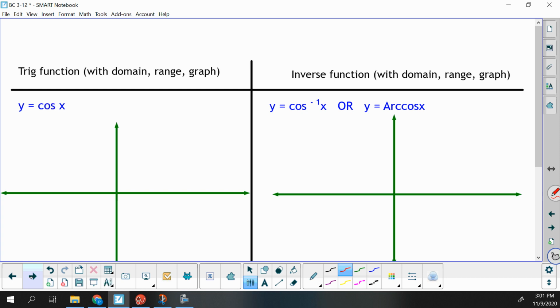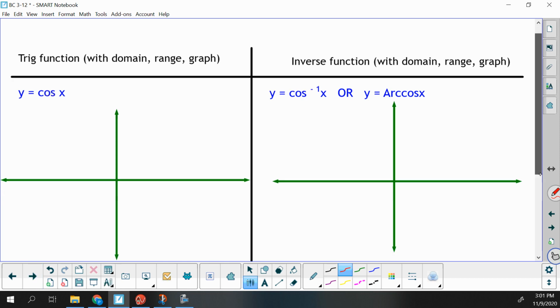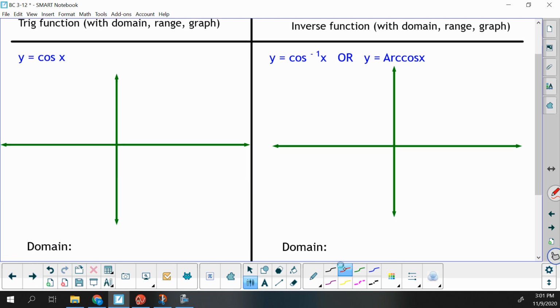So we're going to do a similar idea with cos down below. So we'll label our axes, going from negative 1 to 1.